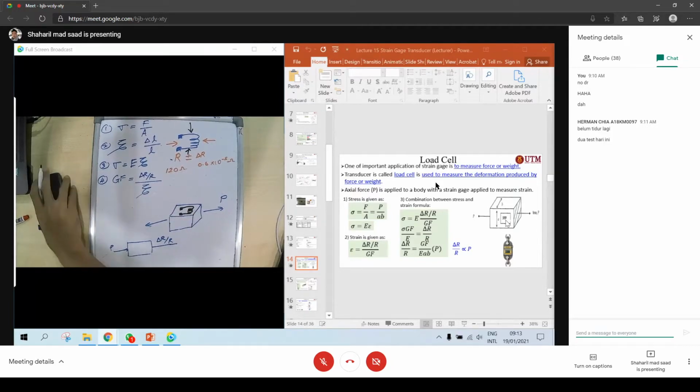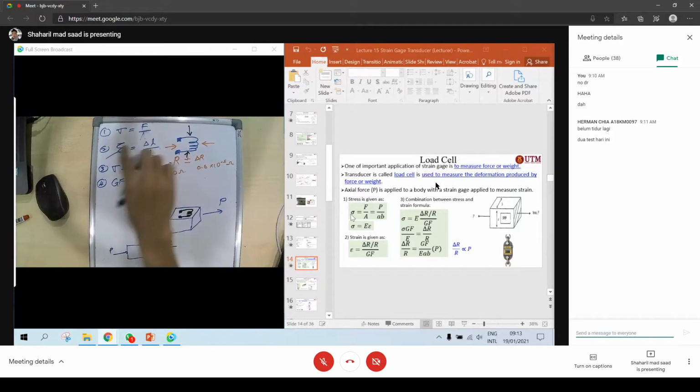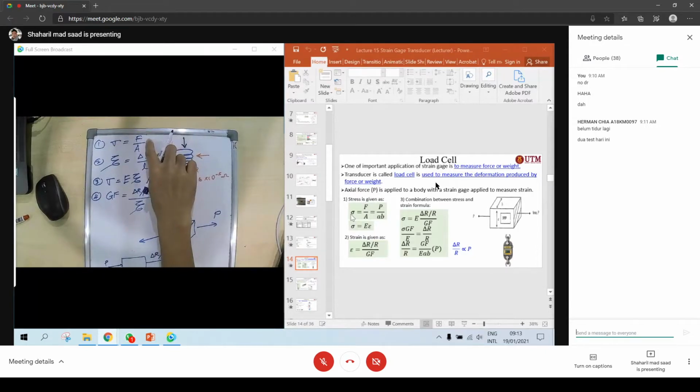You need to use the formula stress F over A and also the formula of strain, and then you also use the formula for gauge factor. You combine all together, and then you got it.